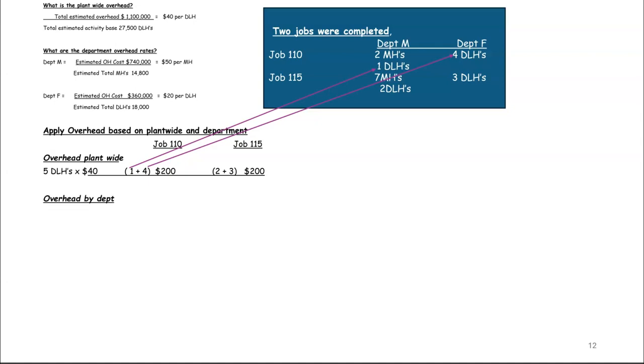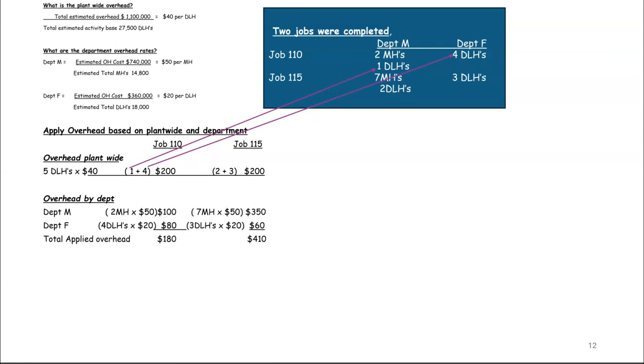Now, what about if we did it by department? By department, we would end up with applied overhead for job 110 of 180, and for job 115, it would be 410. Now, that's quite a difference.